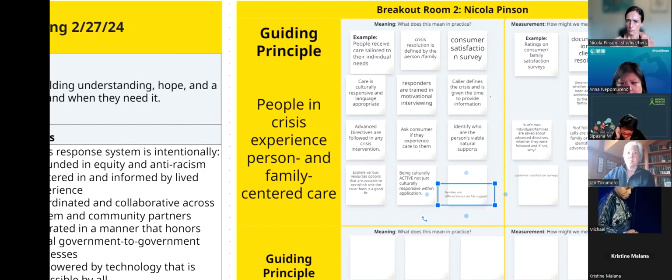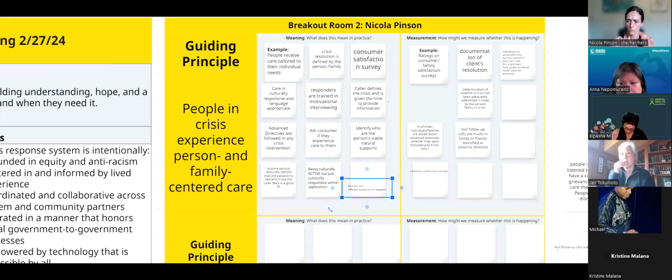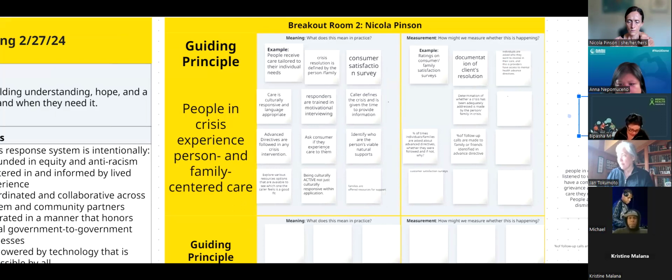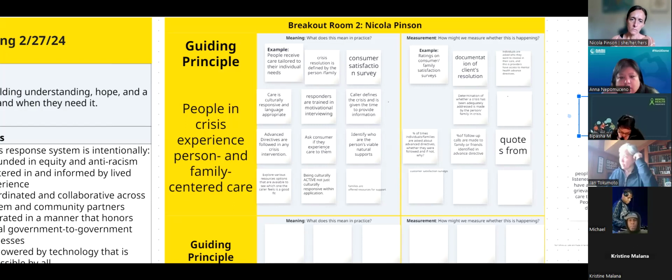Oh, here it is. Wait, oops. What does it say? People in crisis are listened to. Okay, yeah. I don't know how to put it back. We can put it where it belongs as long as the words are there. Okay. All right. Does everyone need any more time for adding ideas?